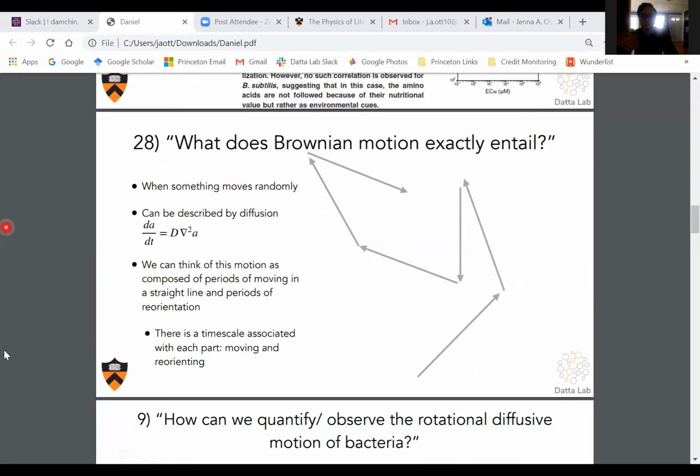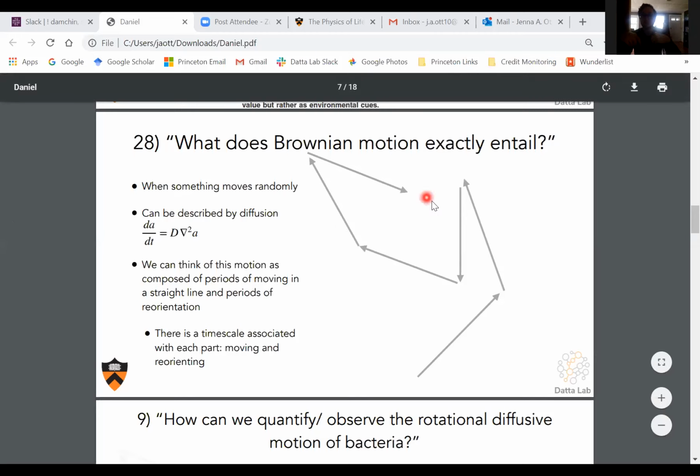And so we can think of this type of motion as composed of small straight line segments and reorientations, even for pollen being buffeted around by collisions on the surface of water, which is the context where Brownian motion was first described.